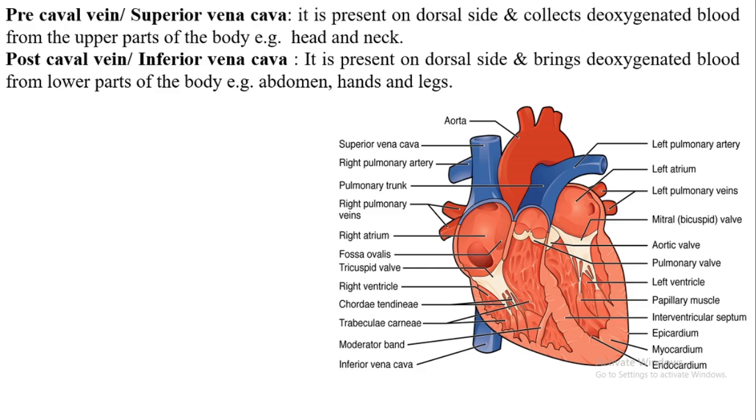As the precaval vein collects deoxygenated blood from the upper part of the body, likewise the postcaval vein, as the name itself indicates, collects deoxygenated blood from the lower part of the body and carries it up to the right auricle. Which lower part? From the abdomen, from the hands and from the legs, all such parts. It collects the blood and carries it up to the right auricle.